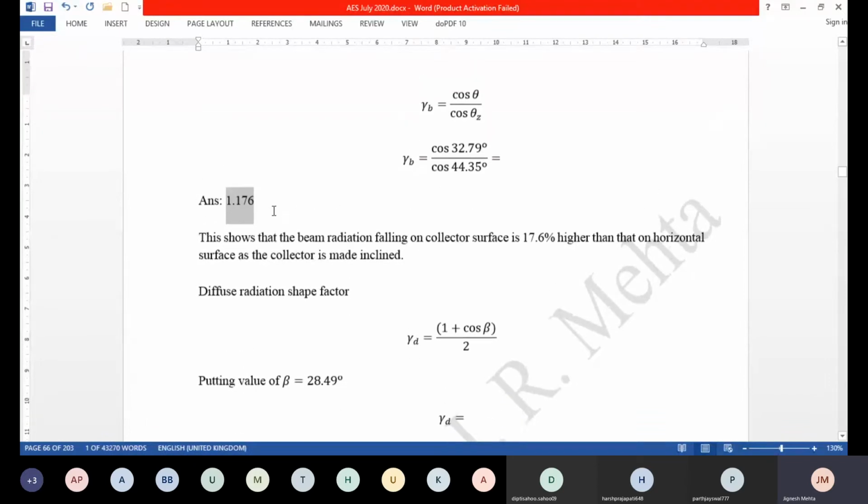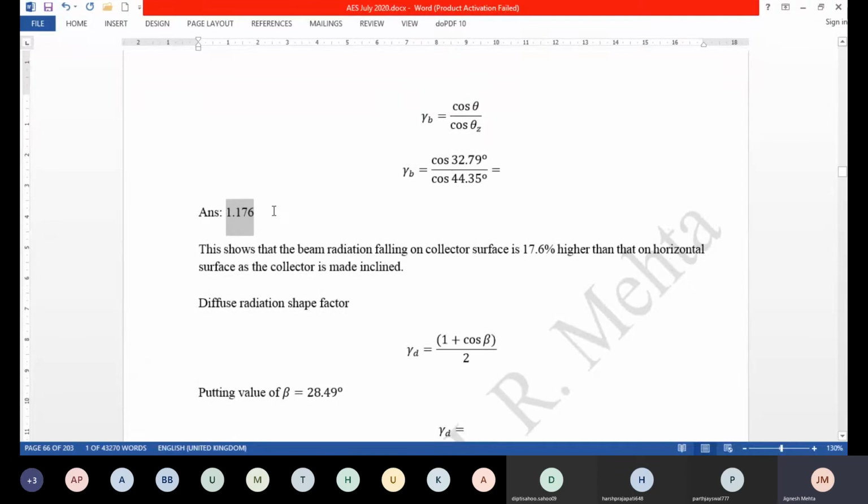Okay, now let's see what is the value of this diffuse radiation shape factor, 1 plus cos beta by 2, right? Your beta is equal to 28.49 degrees. So what do you expect? You expect it to be less than 1 or more than 1? And how much is the value that you get, gamma D? So you can post it in the chat box.